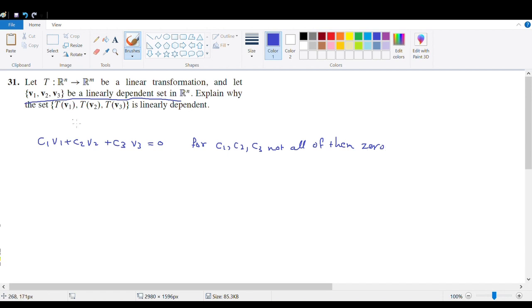Because it says linearly dependent, that means not all these C are 0. So explain why the set TV1, TV2, TV3 is linearly dependent.